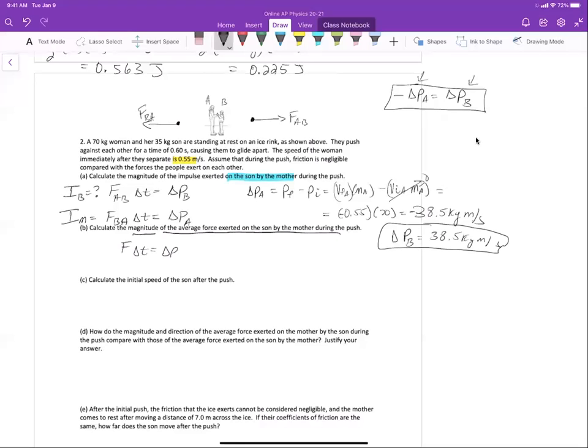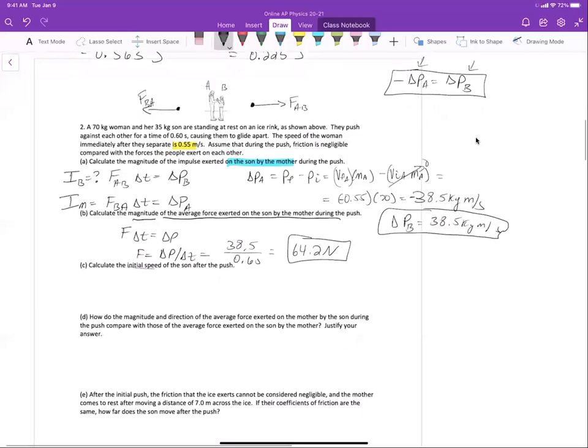So we'll just find that force is equal to the change in momentum over change in time. And we get 38.5 divided by 0.6 seconds, and we get that to be 64.2 newtons.